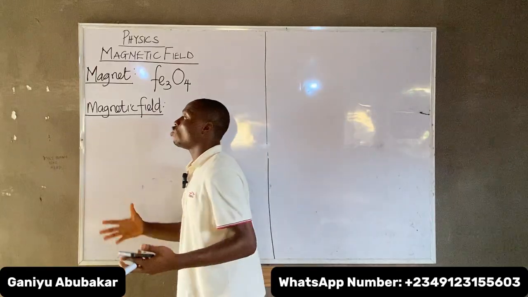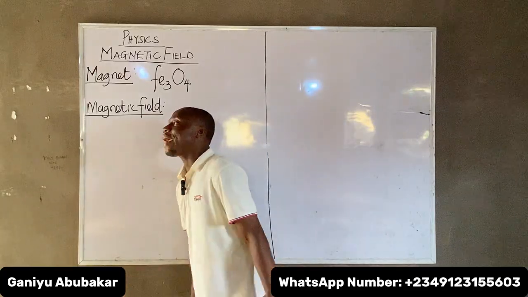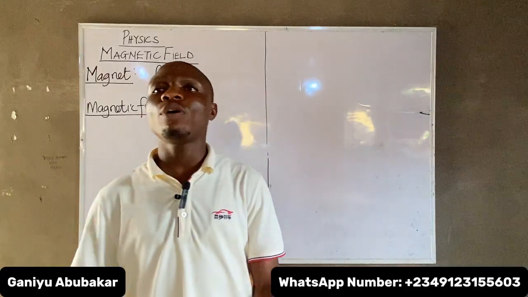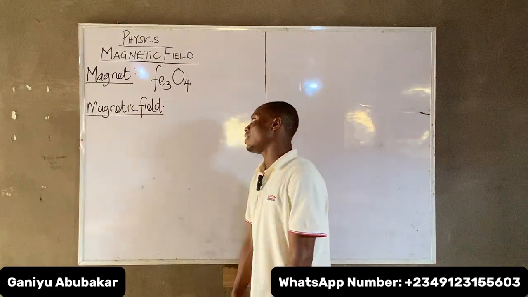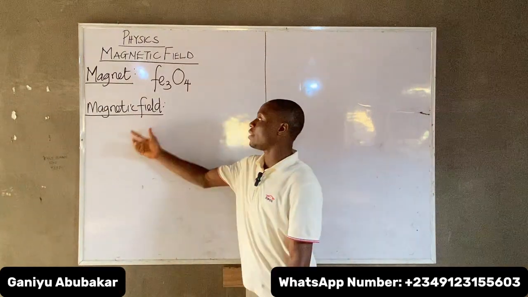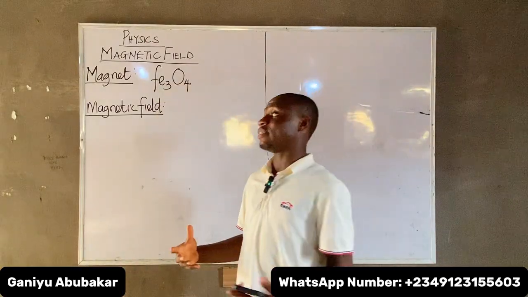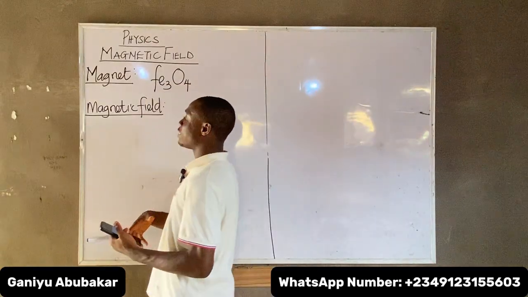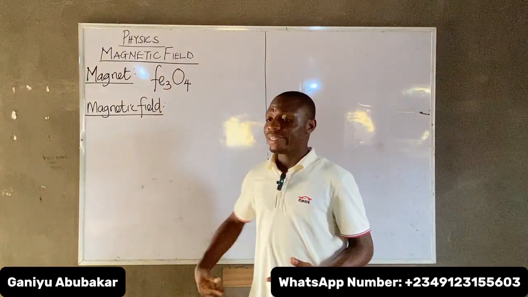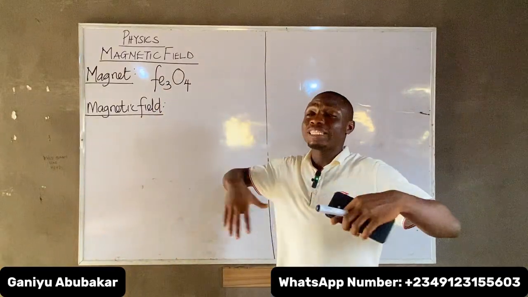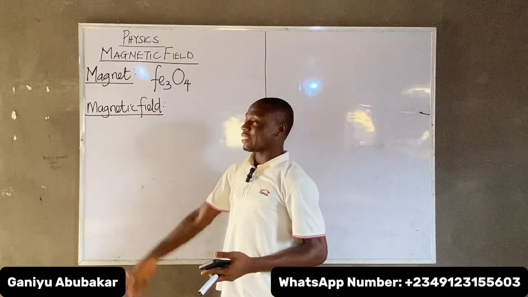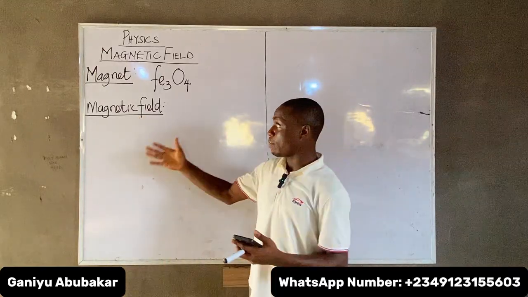So a region or space where a magnetic force is being experienced is called a magnetic field. Anywhere you experience a magnetic force, that specific region is called a magnetic field.